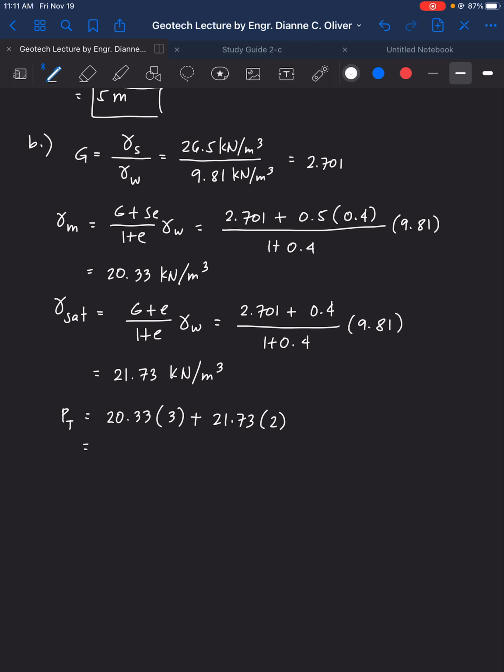So P total at A is equal to 104.45. The unit is kilopascal.